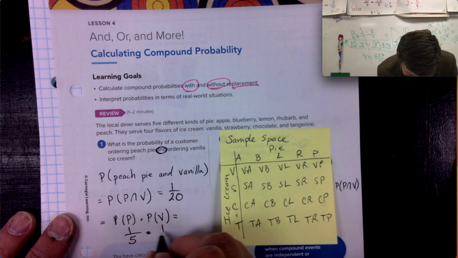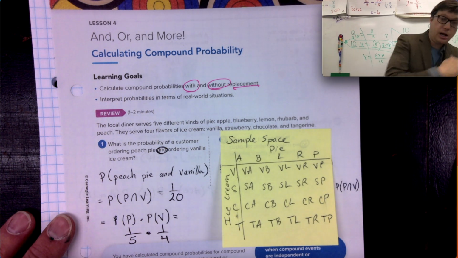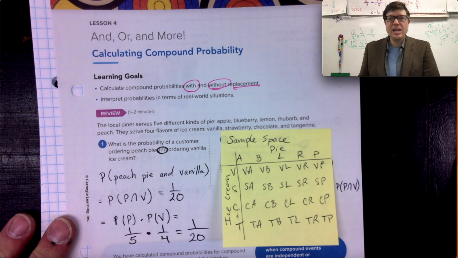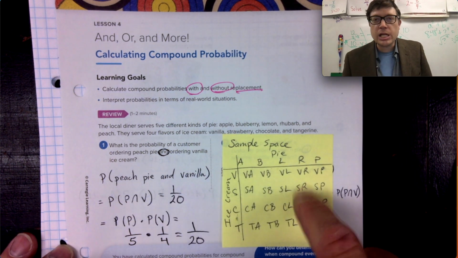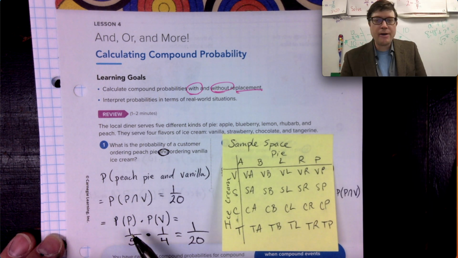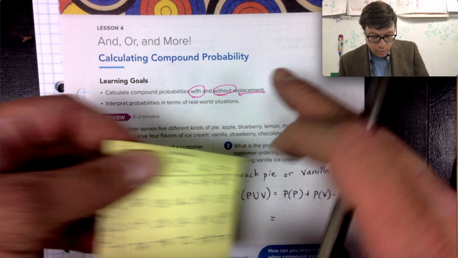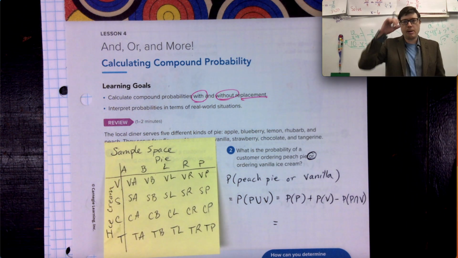So multiplying those 2 fractions, multiply straight across, 1 times 1 and 5 times 4. It is in fact 1 out of 20. Here's 2 different ways of calculating it. I really like the sample space idea, but if we figured out by a formula the probability of each and we times them, we get the same answer. That's what this lesson is all about, what you can accomplish through the formula approach to thinking about probability.